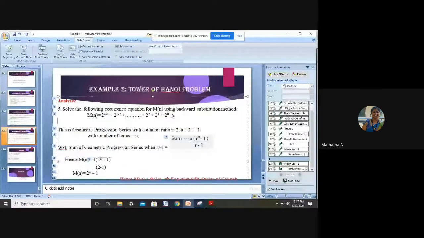M of n equals 2 power 0 plus 2 power 1 plus 2 power 2, and it goes on.